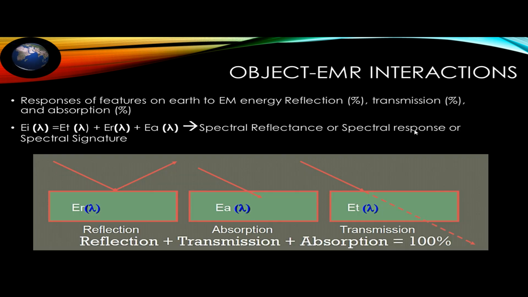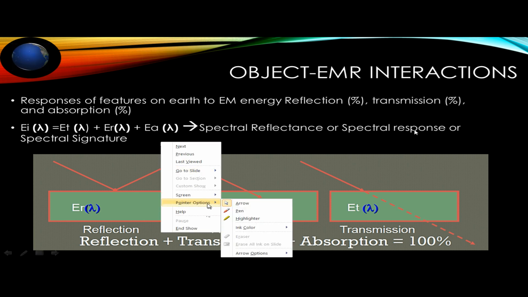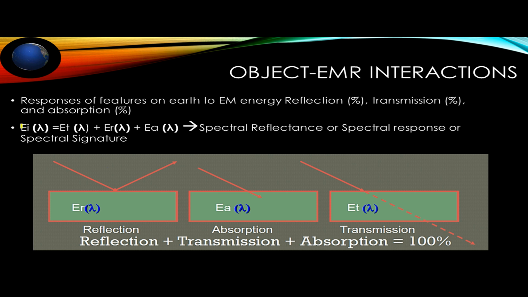Then what more, the responses of the feature on the earth to electromagnetic energy happen as reflection, transmission and absorption. Okay, so for the same incident wavelength of radiation, this equation is telling you the incident wavelength, the transmitted, reflected and absorbed.